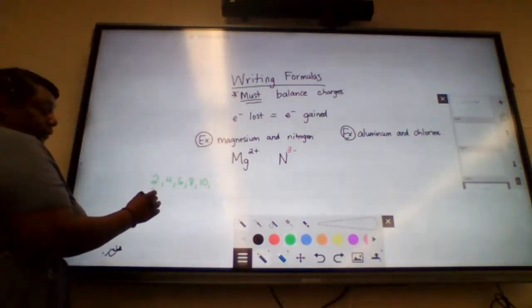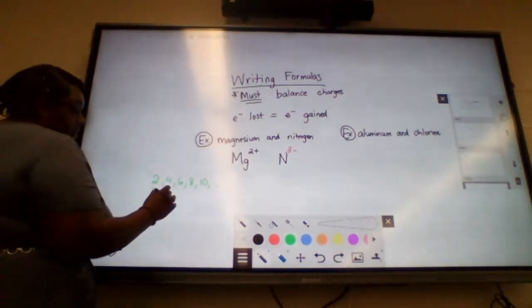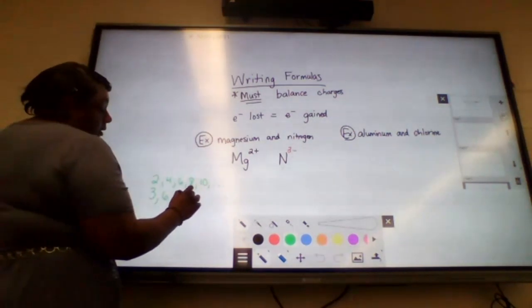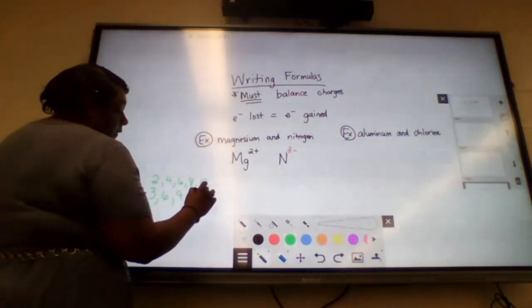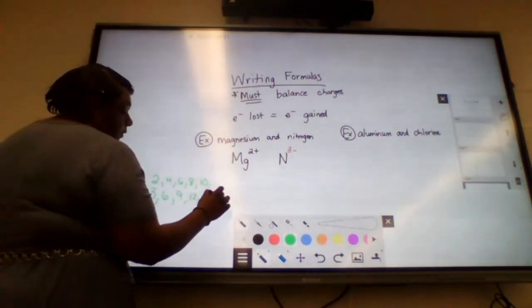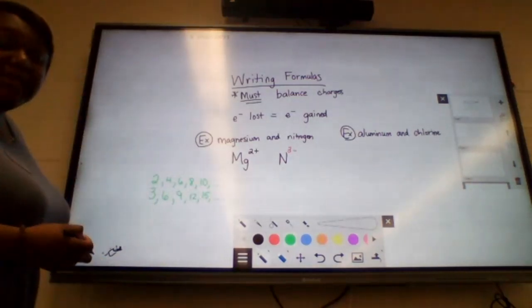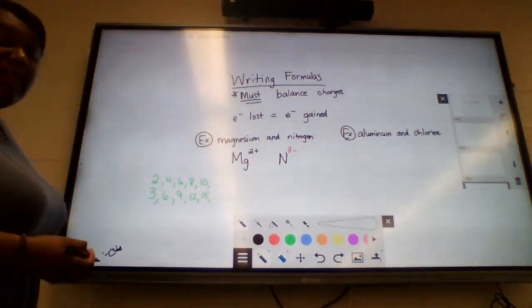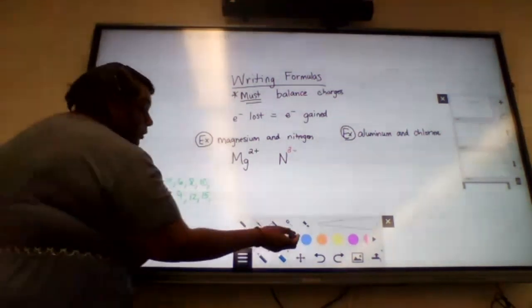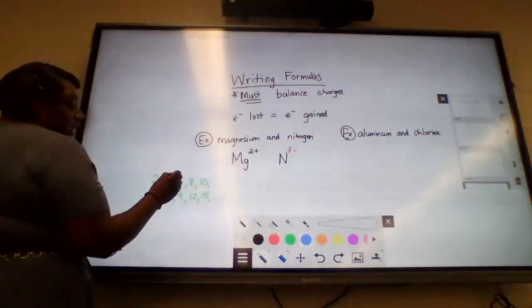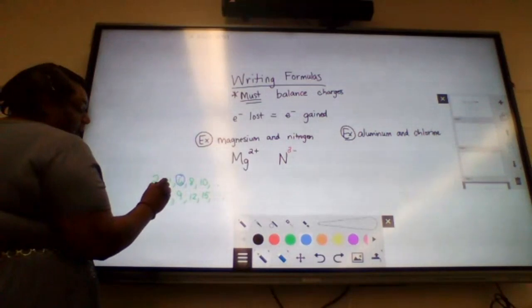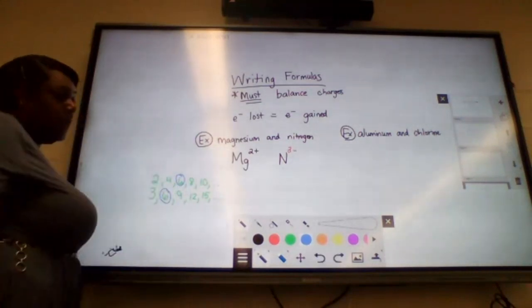When I list my multiples for 3, they are 3, 6, 9, 12, 15, and so forth. Our goal is to find the smallest number that they have in common as multiples. And when we do that, we notice they both have a 6.